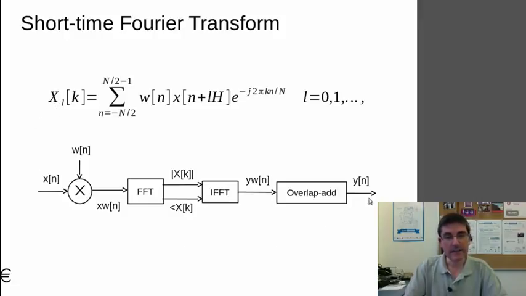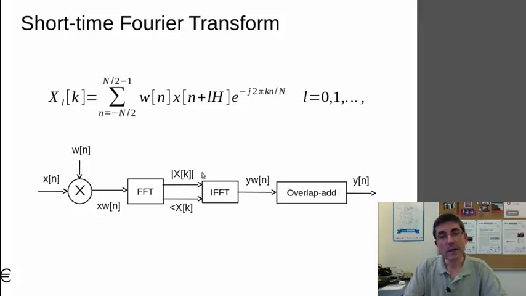And if we see it as a block diagram, we start from the signal x of n, we multiply one fragment with our window, so we get a windowed signal. That's what we compute the FFT of, and then of course we compute the magnitude and phase representation of the spectrum.